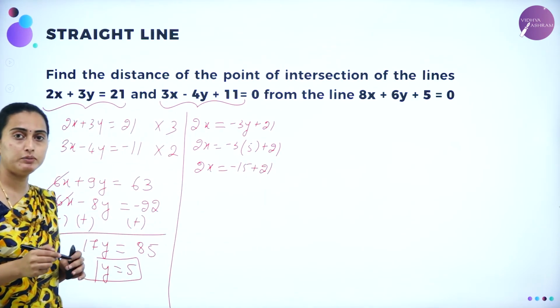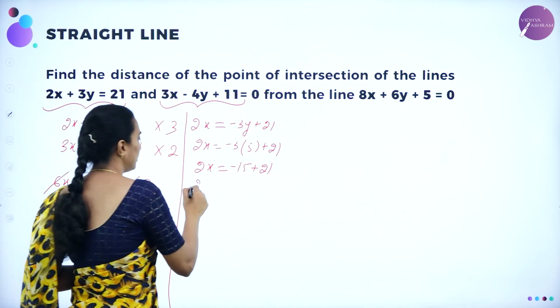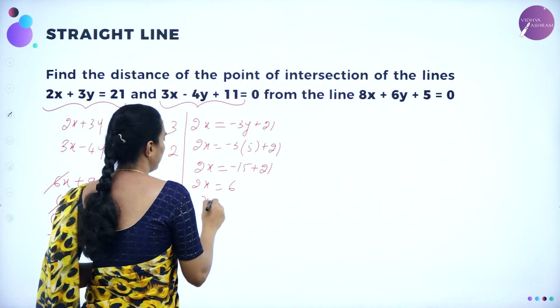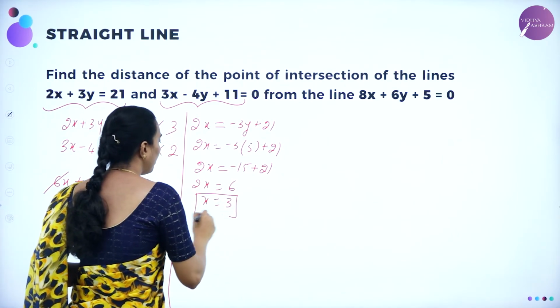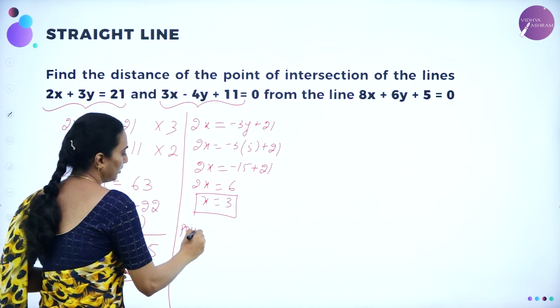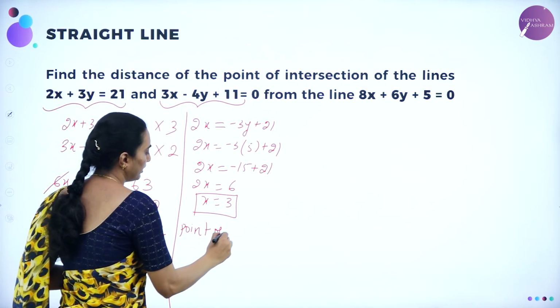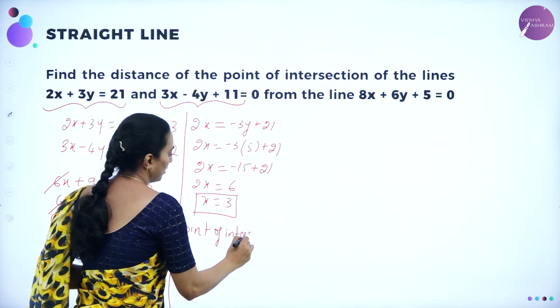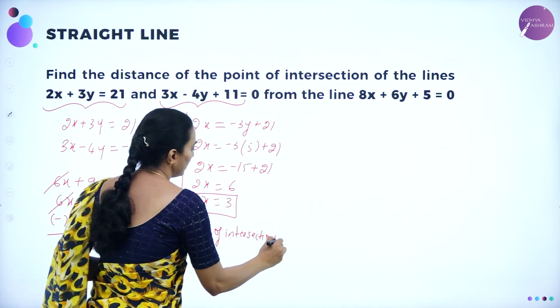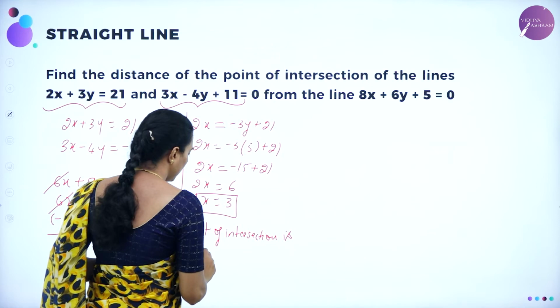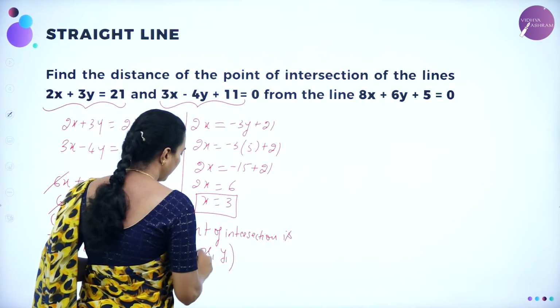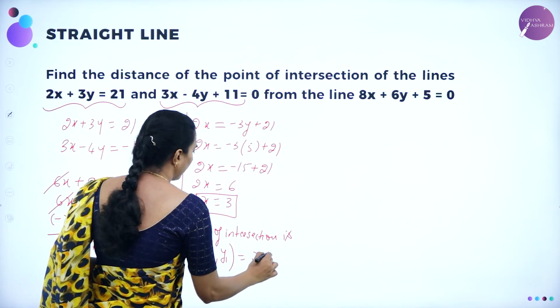So minus 15 plus 21 is plus 6. 2x is equal to 6. x will be equal to 3. Now you got the point of intersection as what? 3 comma 5. The point of intersection is 3 comma 5. That is, I can take x1 y1 as 3 comma 5.